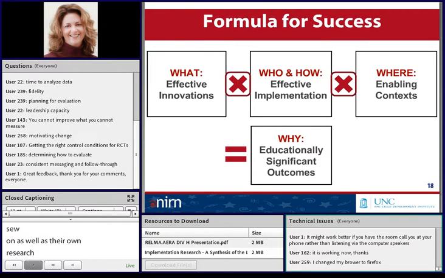It's a very simple formula. I love it, to guide us in how we reach those outcomes and bridge that gap from what we know works in research to the everyday reality of a classroom setting, for example.